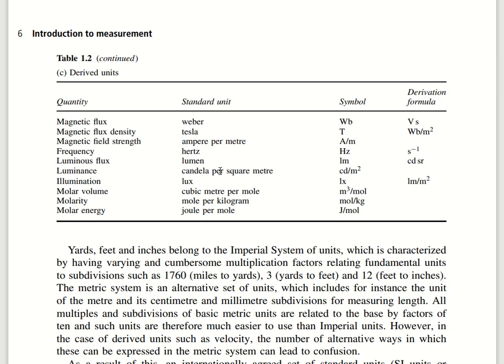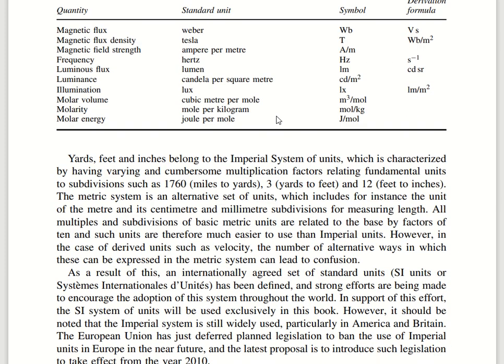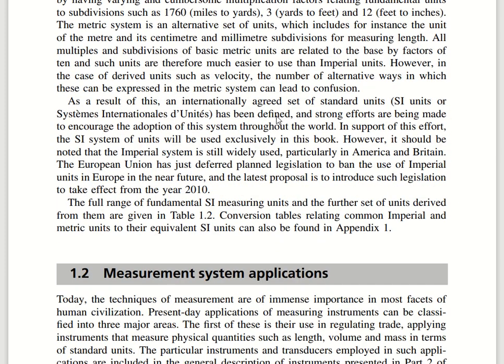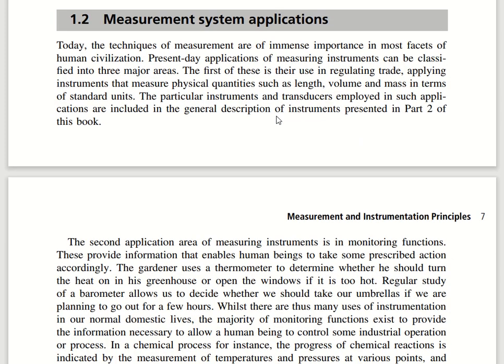So here are different measurement things which we use: magnetic flux, flux density, field strength, frequency, luminous flux, luminance, illumination, molar volume, molarity, molar energy, different units. We are going to carry out the further discussion about measurement system application in the very next lecture.